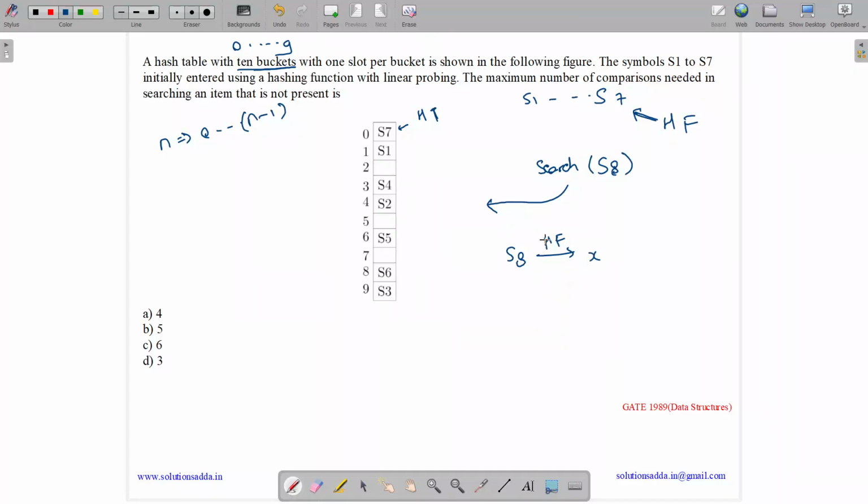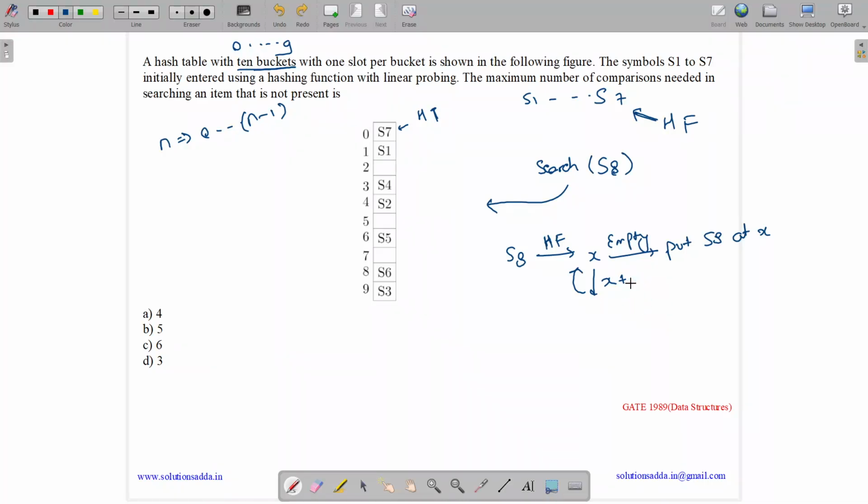If that X slot is empty, then put S8 at X. Else, it will do X plus plus. It will check the next slot. If it is not empty, then it will check the next slot.